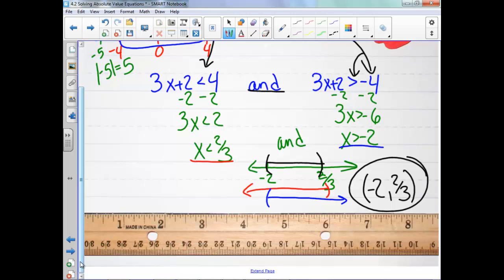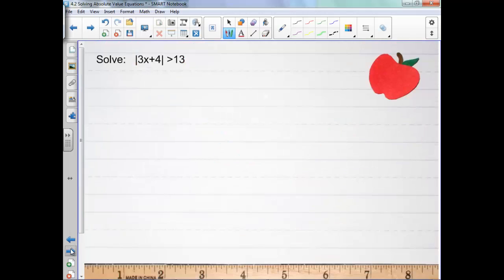Now let's look here. We've got the absolute value of 3x plus 4 is greater than 13. That means if we had a number line, this 3x plus 4 needs to be past 13, but then because we're also taking the absolute value, it needs to be past it on this side too, so that when we take the absolute value, it's greater than 13.